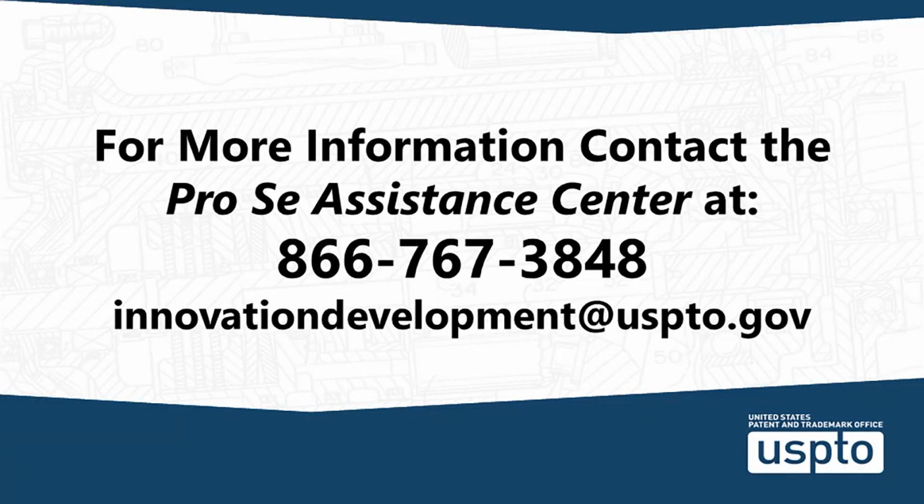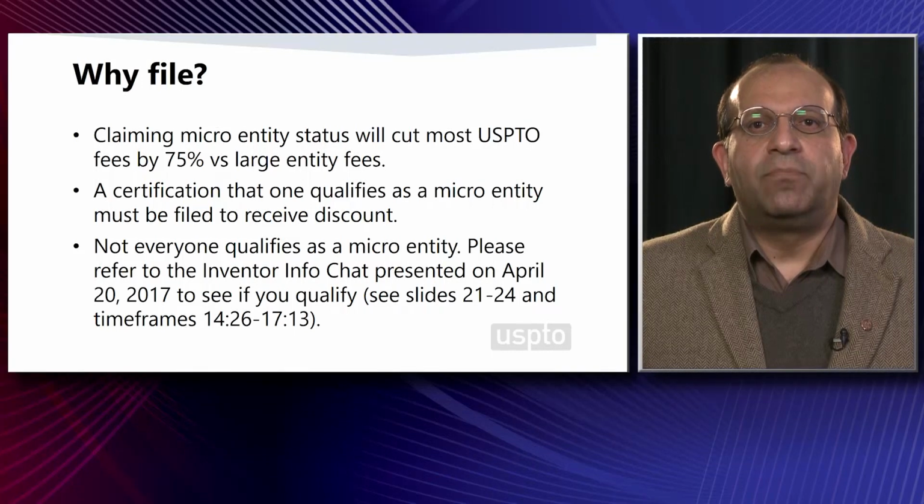For more information regarding whether or not you qualify for microentity status based on gross income, please contact the Pro Se Assistance Center at 1-866-767-3848 or via email at innovationdevelopment@uspto.gov. You can also refer to the Inventor Info Chat presented on April 20th, 2017 on our website by searching for Info Chats. The following will describe the steps in filling out the form.